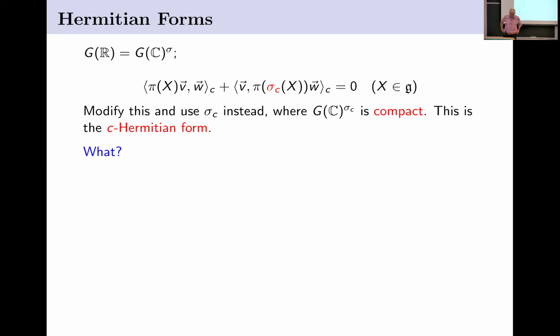What? When I first saw this, that's what I said. How can this mean anything? Sigma C has nothing to do with G. This isn't an invariant Hermitian form on the representation. What is it? It's not something that seems natural. And well, it does make sense if you just go through the formalities. Everything I said makes sense.